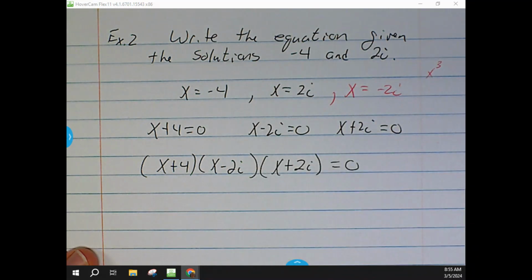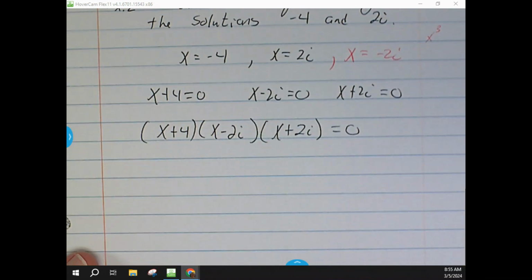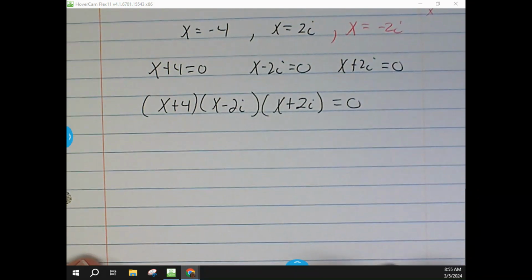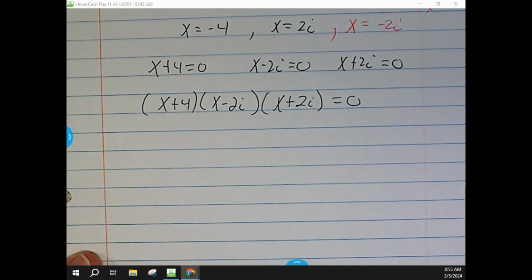So we've got that. Okay, which means we've got to go back and do distributive property, do the full method again on this one.